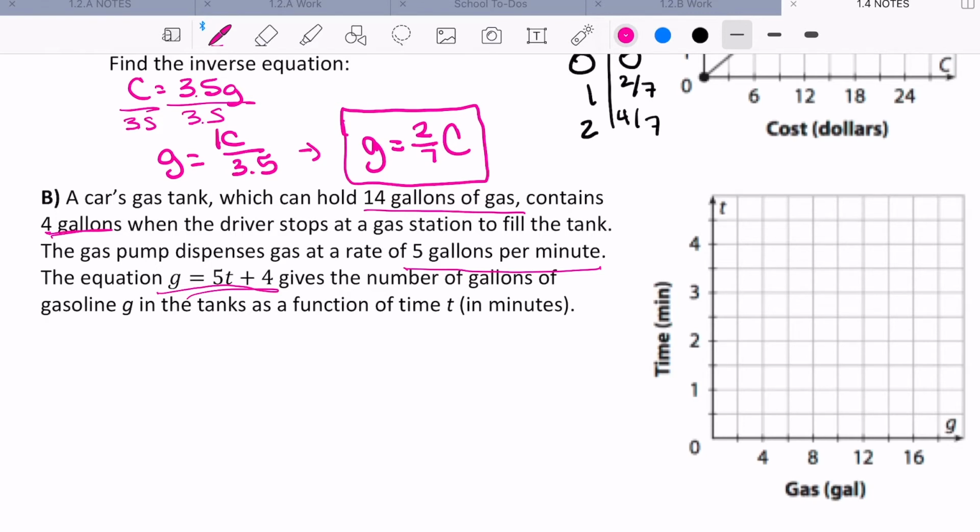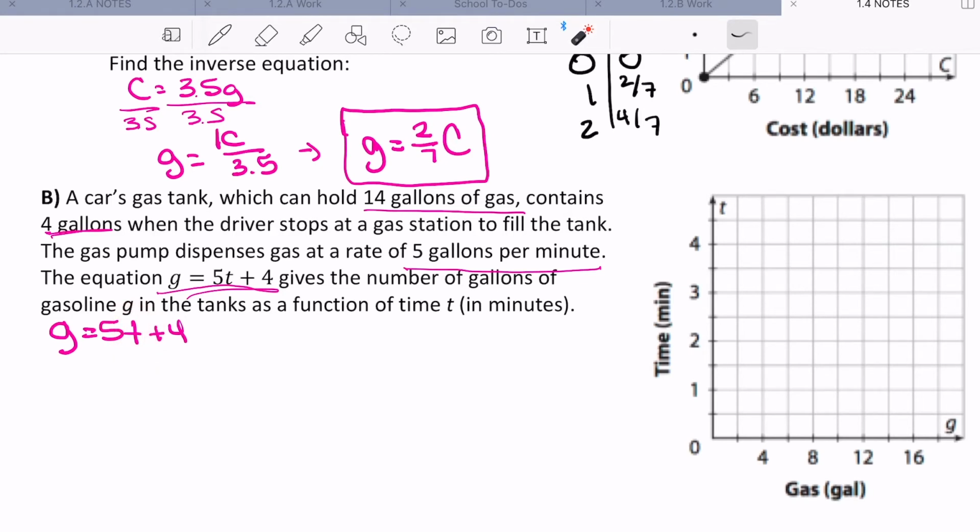All right, so let's think about this. When we think about our function, here is the original function: G equals 5T plus 4. We know that the dependent variable is G, or the gallons of gasoline, and the independent variable is T, or time.